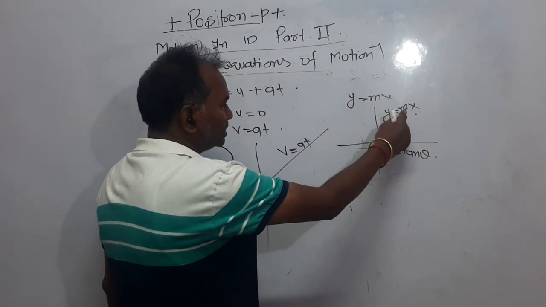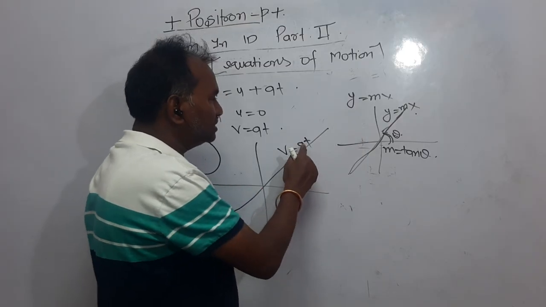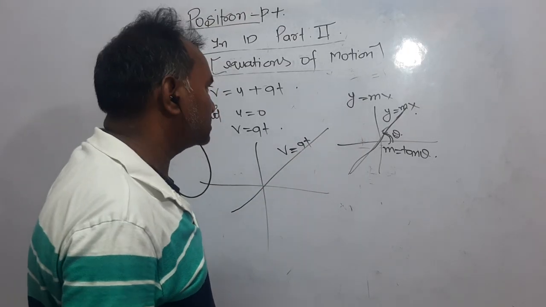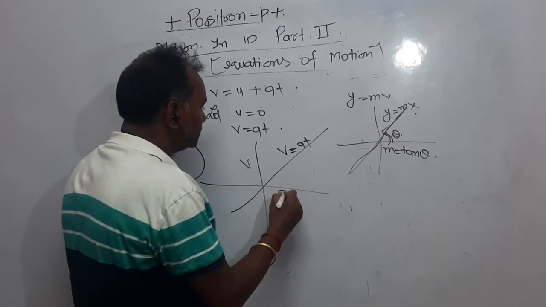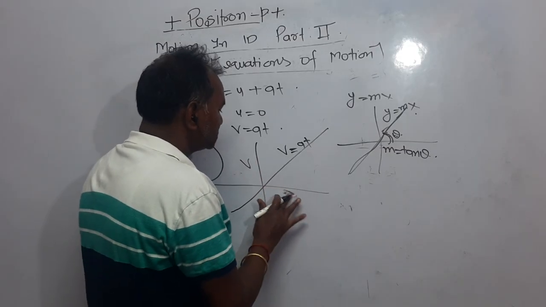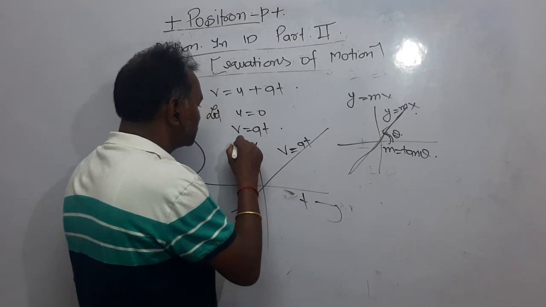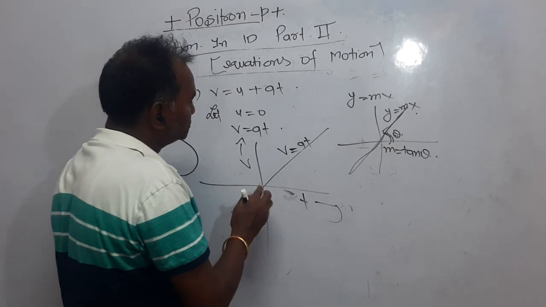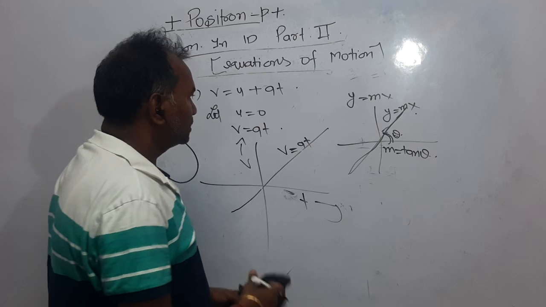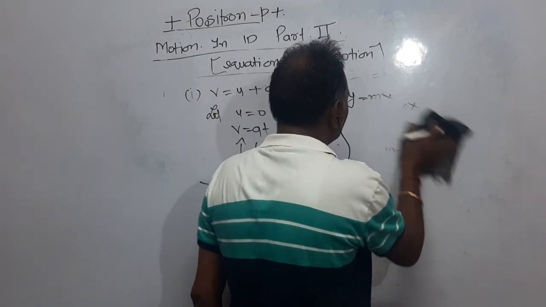Similarly, whatever is m here, here it is represented by a. Dear students, it is v is equal to at, and this is the graph between v and t. At t equal to 0, velocity is 0, so this is satisfied.